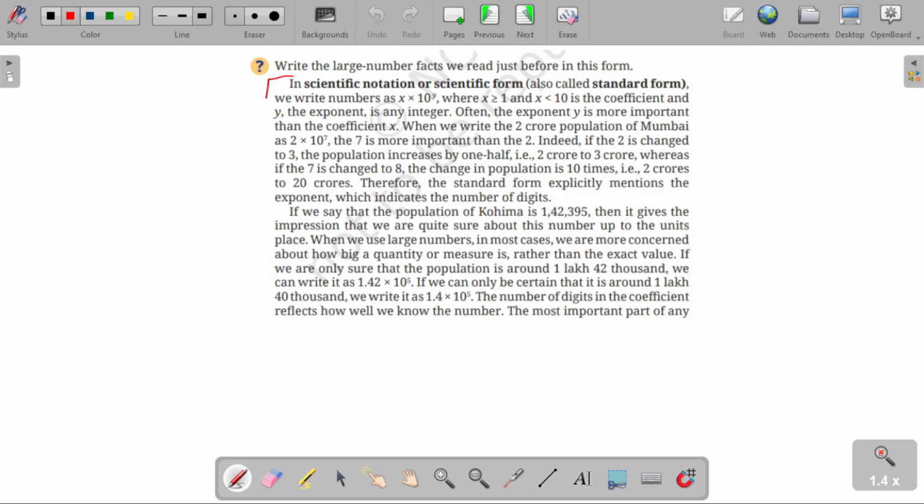How to write any number in scientific notation? There is a basic standard: if the number is x into 10 raised to power y, then x should be greater than or equal to 1 and less than 10, right? The exponent can be any integer. This is one of the rules.